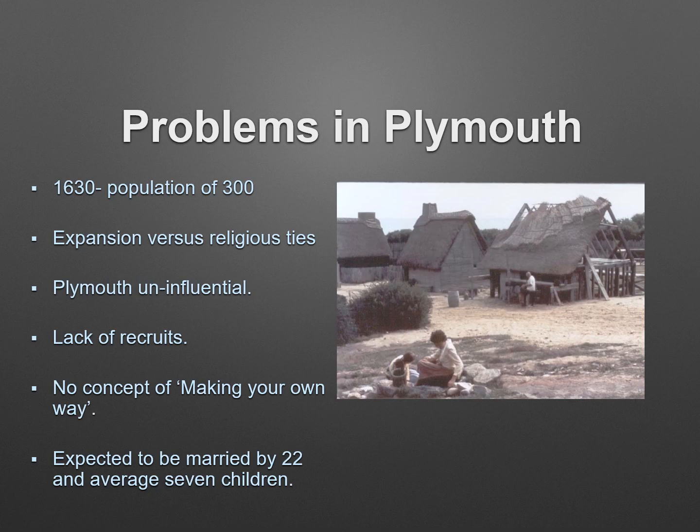And it was expected you were going to average more kids than you would back in England too, which would probably lead, in the 17th century on the frontier, to dying in childbirth much more likely. So these problems were definitely present and would only be exacerbated with the role of the Massachusetts Bay Colony.